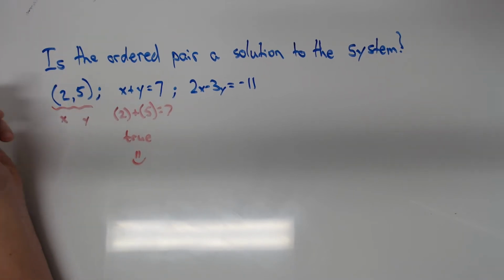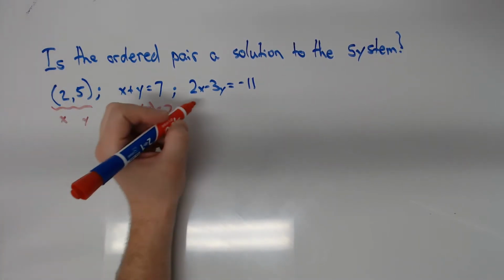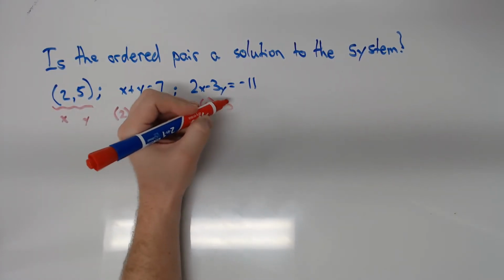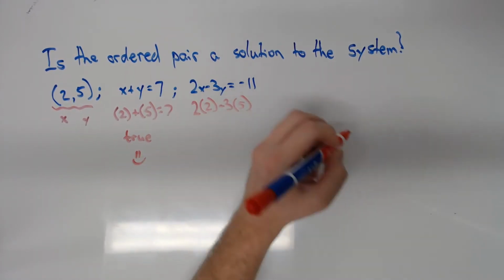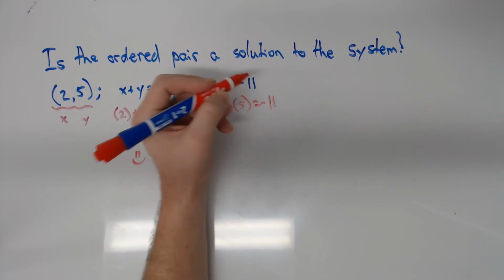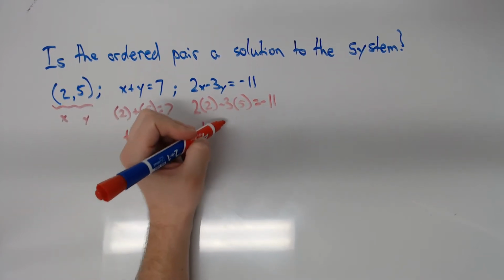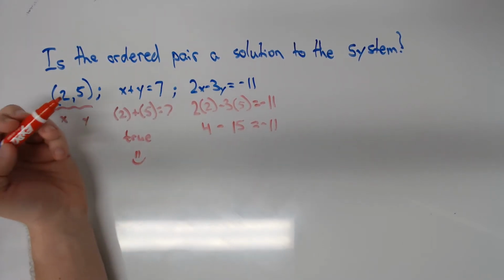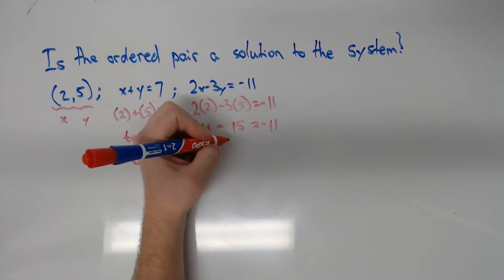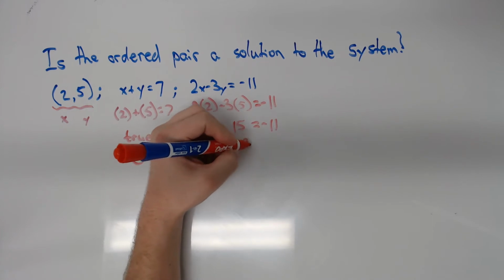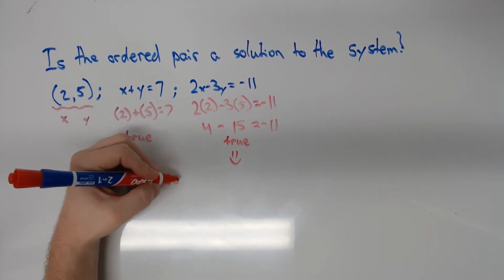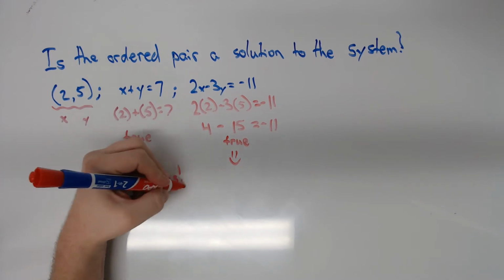And then 2x minus 3y: 2 times 2 minus 3 times 5. Does that equal negative 11? 2 times 2 is 4. 3 times 5 is 15. Yes, 4 minus 15 is negative 11. So that's also true. And if they're both true, the answer is yes. It is a solution.